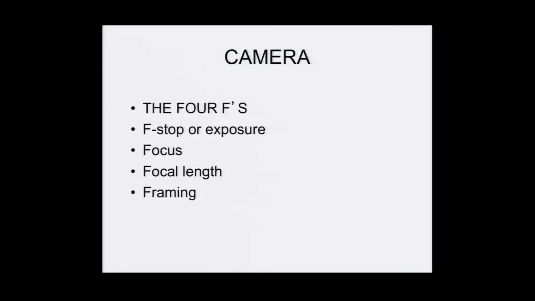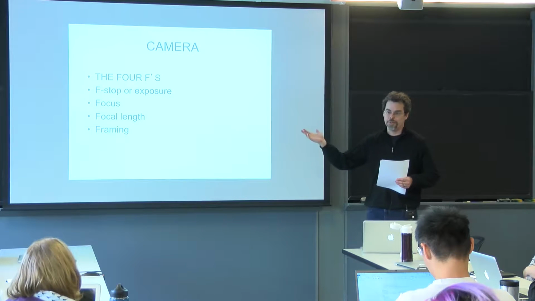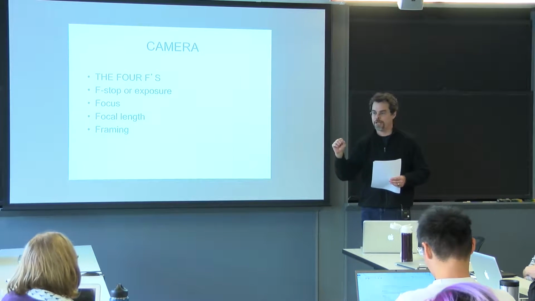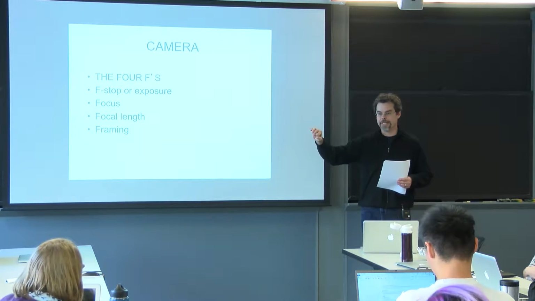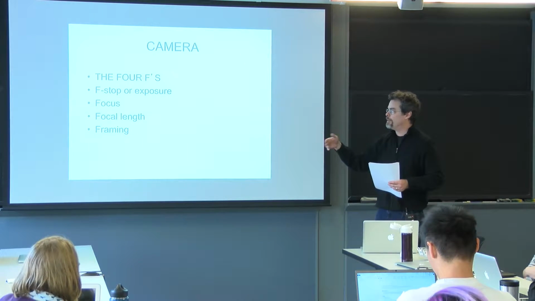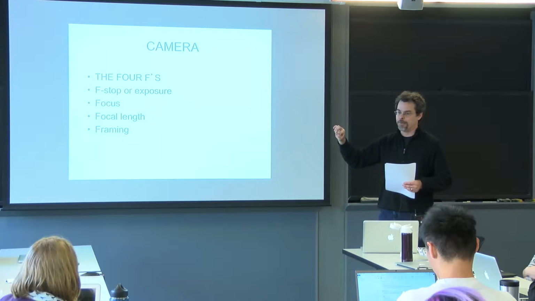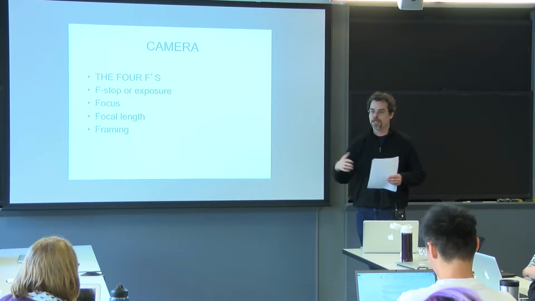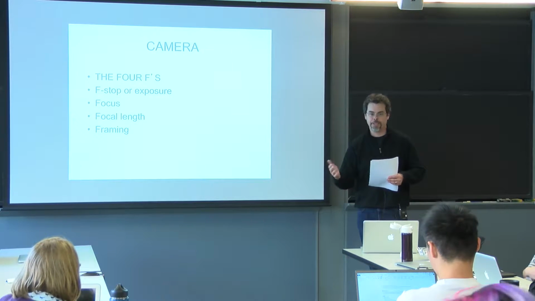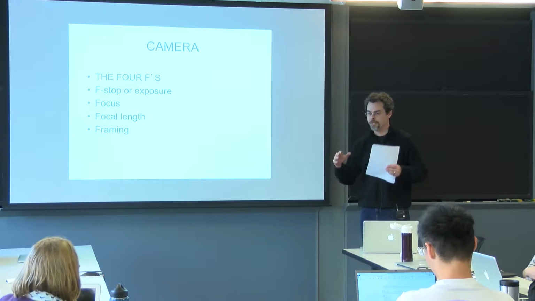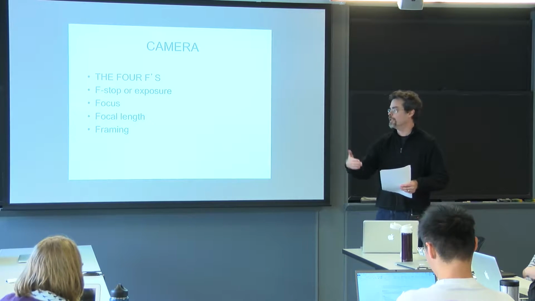So f-stop or exposure, and if you know anything about photography or film, f-stop is the aperture of the camera lens, and you can let more or less light in. But what I mean by that actually is not just the f-stop or the exposure of the lens, but how you control the light. It could be lighting, it could be the shutter speed, there are a million different ways of controlling the exposure of what you're filming.